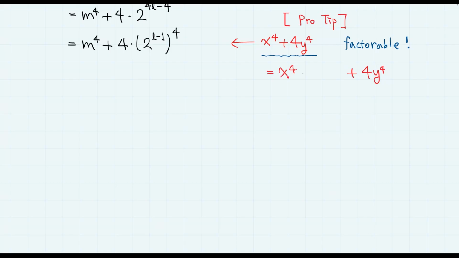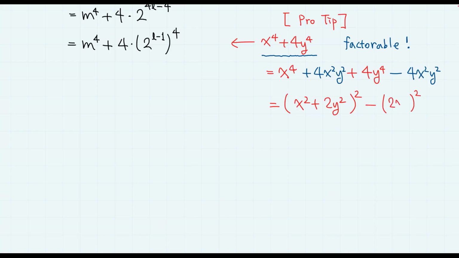The trick here is to add 4x squared y squared to complete the square, and thus subtract 4x squared y squared in the end. Then the first three terms become the perfect square, (x squared plus 2y squared) squared, and the last term is also a square, (2xy) squared.